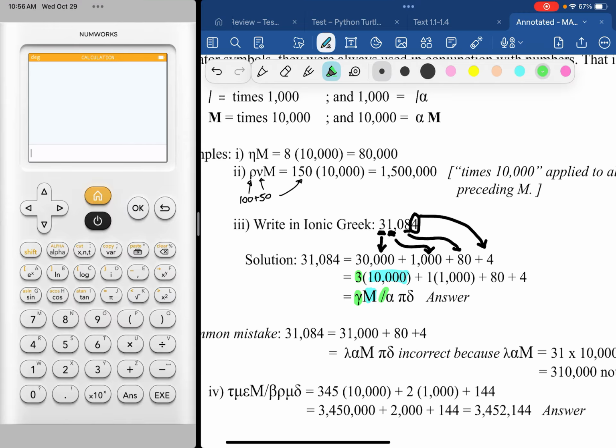That multiplies something by 1,000, but it's not locked in until we tell it what we are multiplying by 1,000. And that would be our value for alpha, which is a 1. Our 80 and the 4 we have symbols for, which are pi and delta.